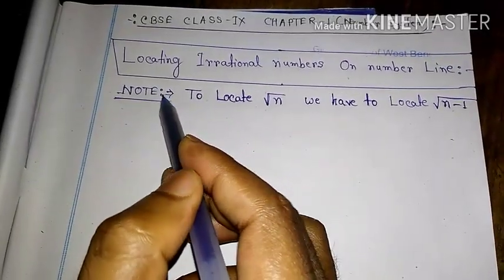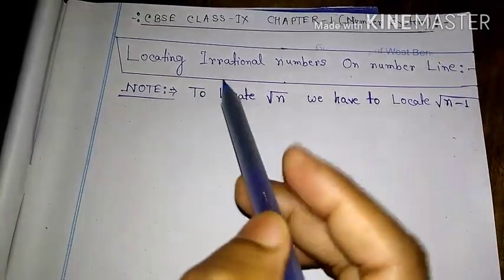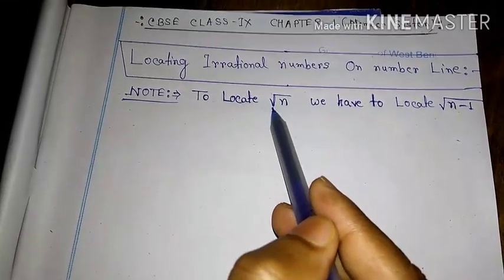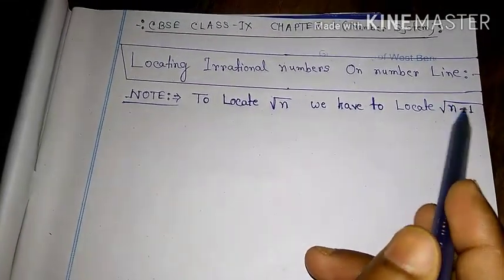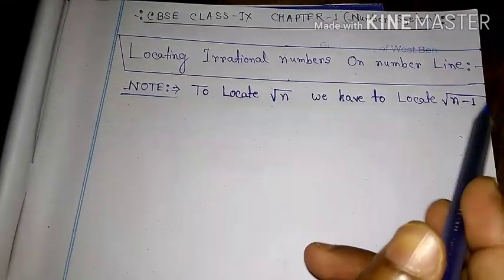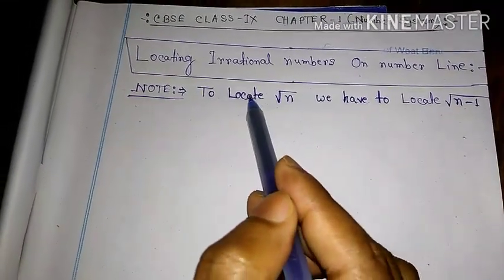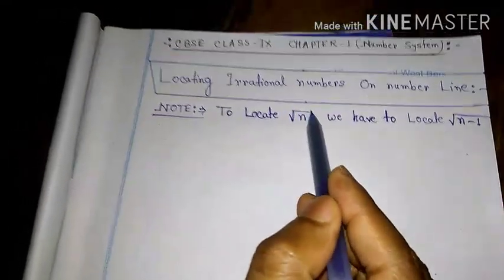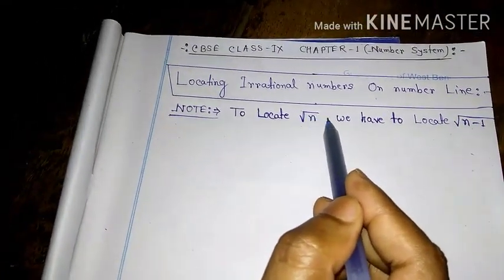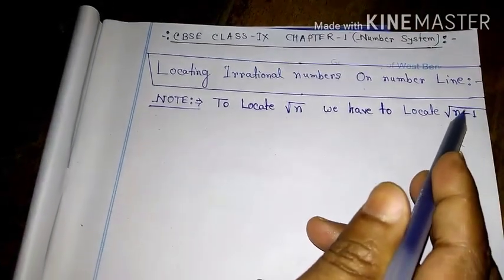Before we start, we have a note. The note is: to locate root of n, we have to locate root of n minus 1 first.